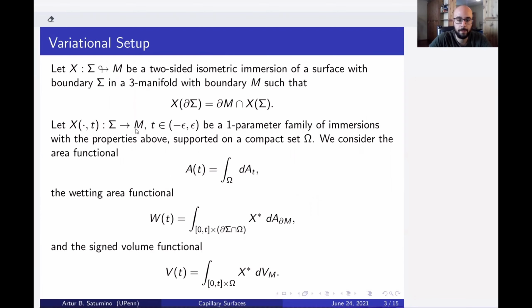I can put the area functional and the wetting area functional together in this energy functional E. Notice that here we also introduce another parameter. This is the cosine theta factor, where theta here, we're going to think of as an angle. It's a value between 0 and pi over 2.